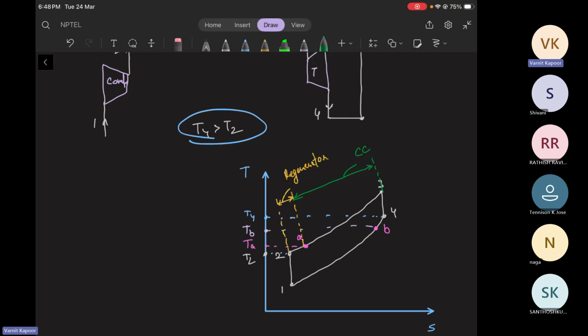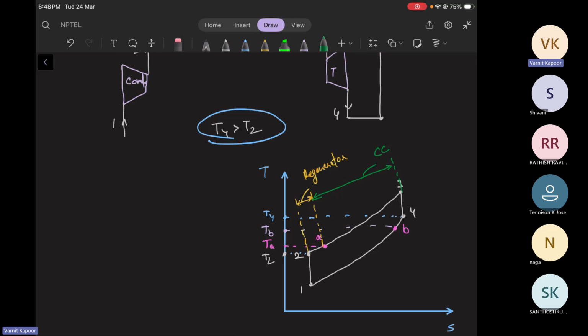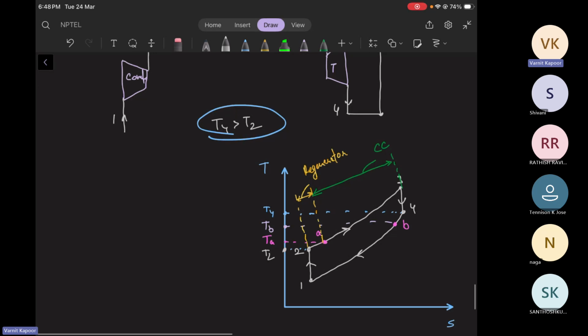Let me write some terminologies here, which I will explain later. The few terminologies I'm writing here: the first one is TMR, which stands for mean temperature of heat rejection.